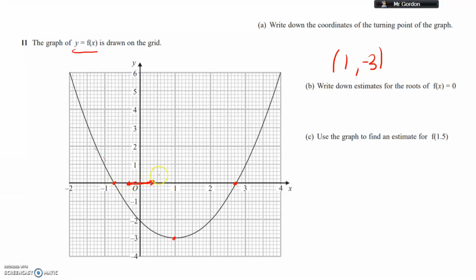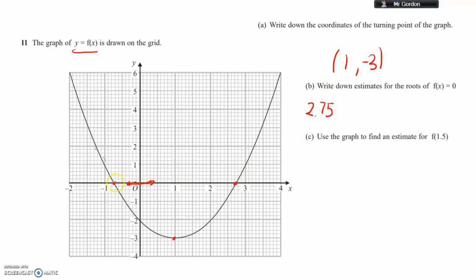So what are the x values when this intersection occurs? You've got 2, and that's 2.5 there, 2.6, 2.7, it's somewhere in between 2.7 and 2.8. So I'm going to write down 2.75. I think that's probably enough accuracy.